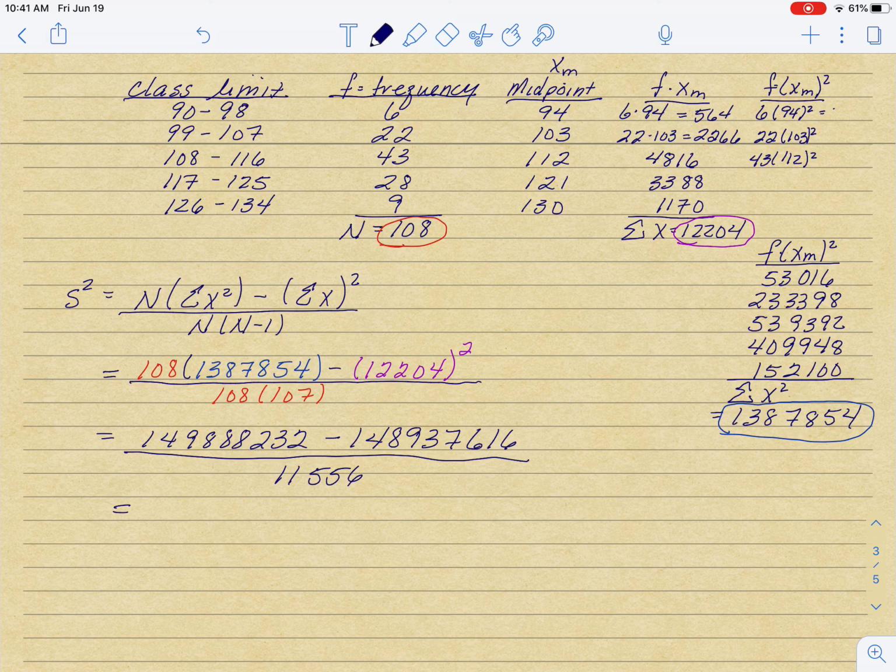Okay, so one more calculation. Let me just do it this way. So I get 950,616 divided by 11556, and I get the following.